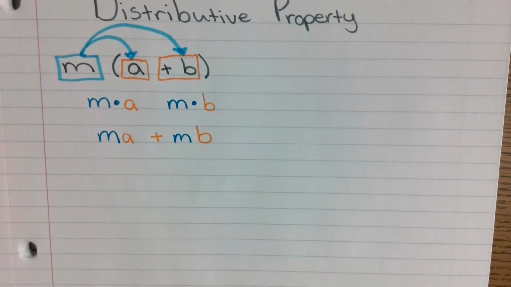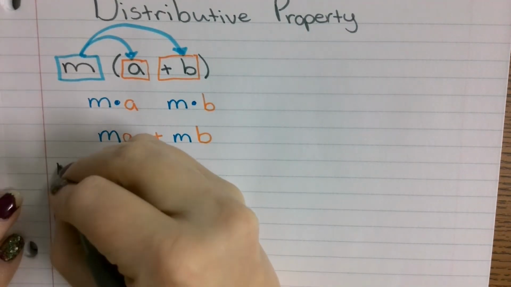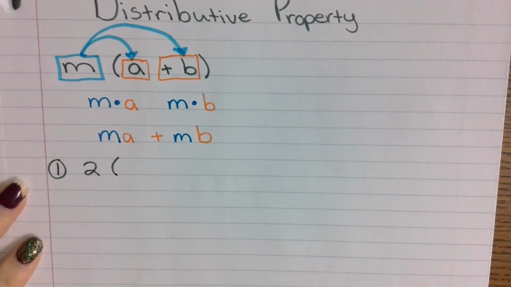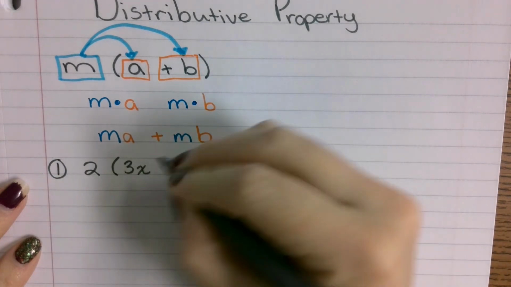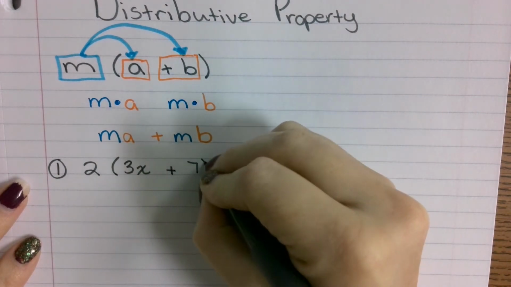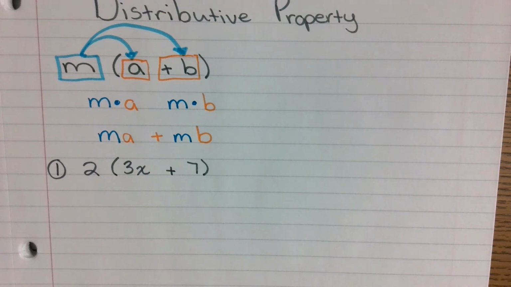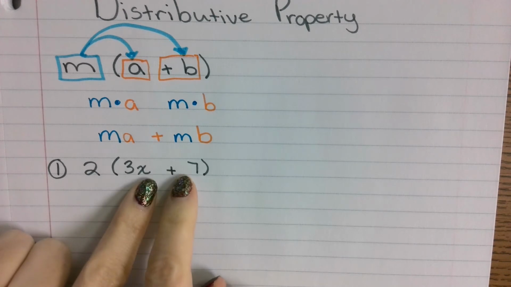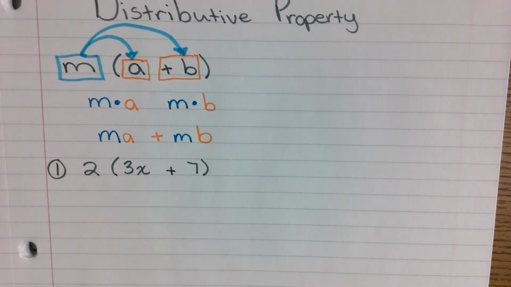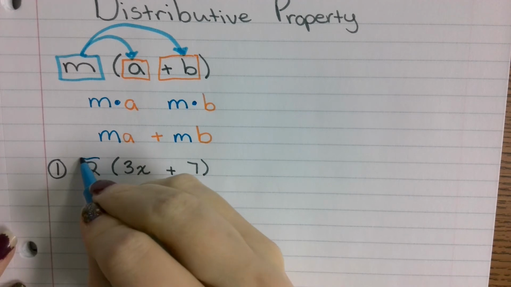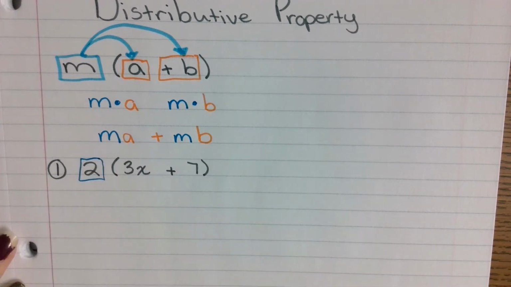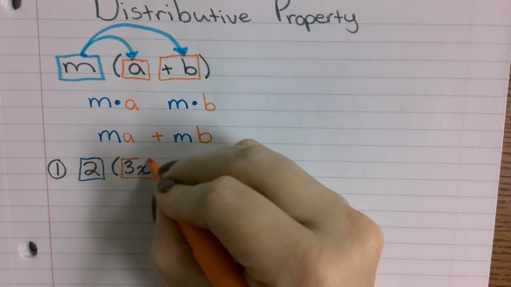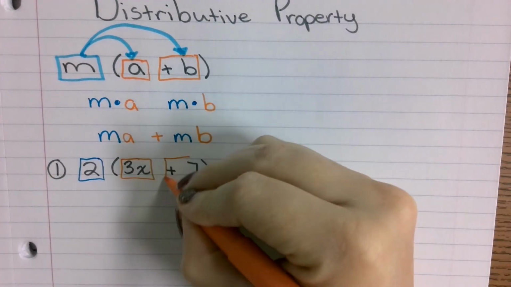Let's try a couple of practice problems. So if we've got 2 times the quantity of 3x plus 7. 2 on the outside, 3x plus 7 is on the inside. We are going to distribute by taking the 2 and we're going to multiply it by 3x and a positive 7.